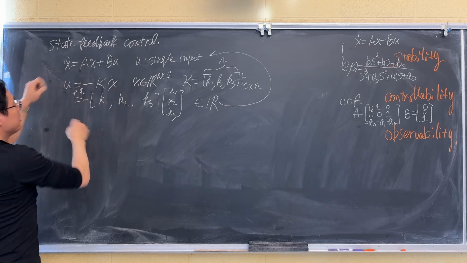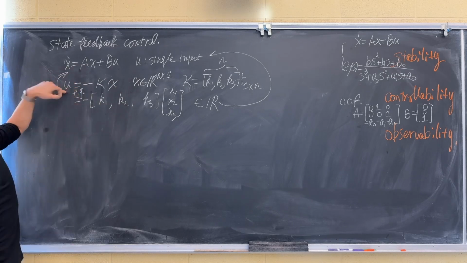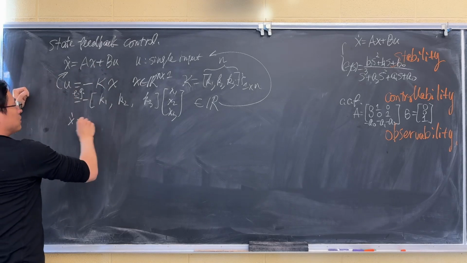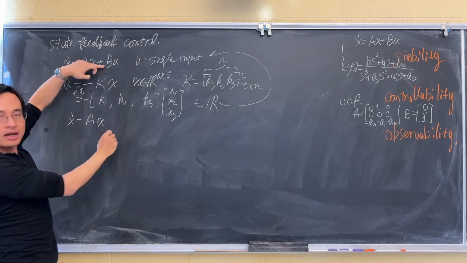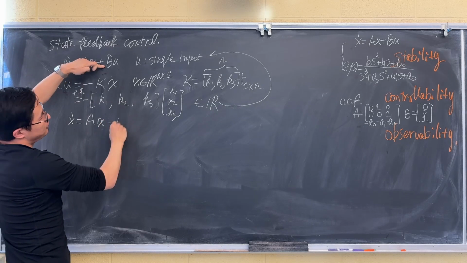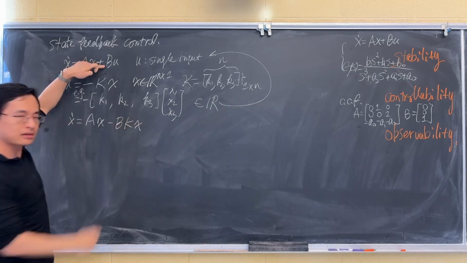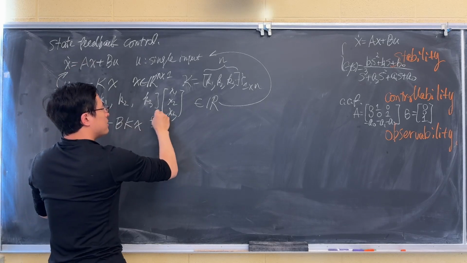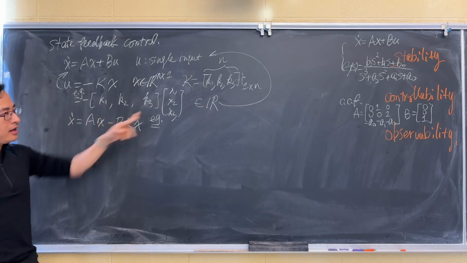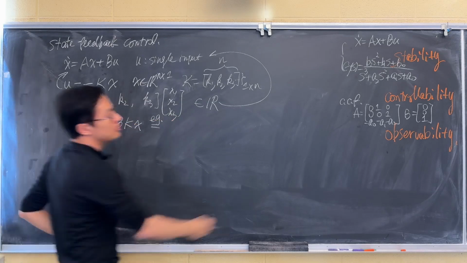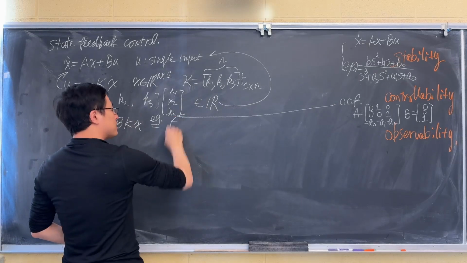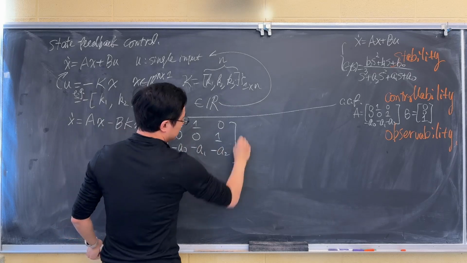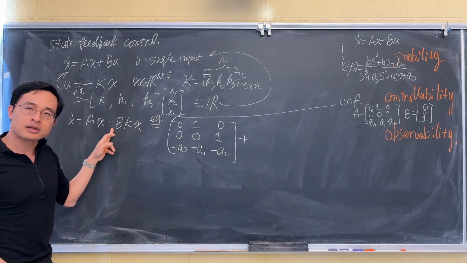If you plug your control input into the state dynamics, you get x dot equals Ax plus Bu, which becomes Ax minus BKx. As an example, if A is 3 by 3 in the controllable canonical form, we get 0, 1, 0 plus, look what's going to happen here.